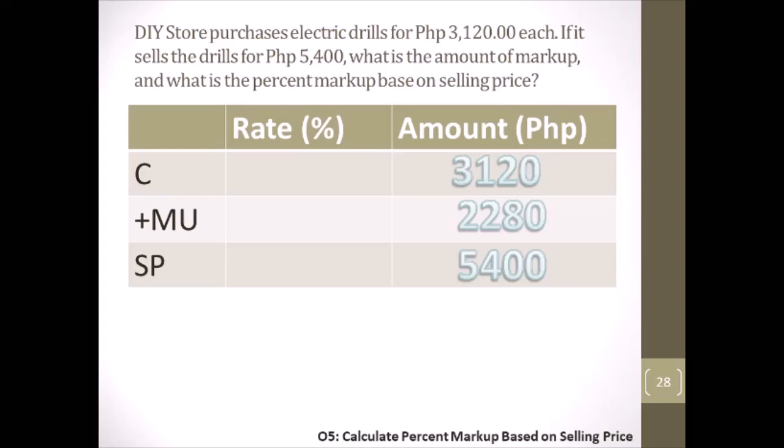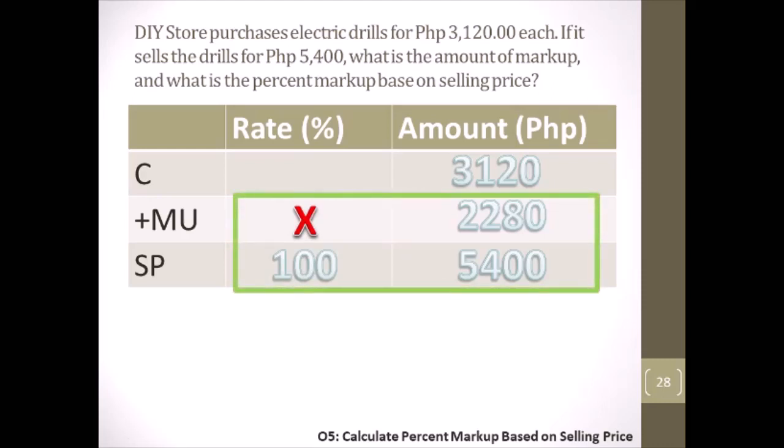The percent markup is based on selling price. What is the percent markup based on selling price? So X is the percent markup, 100% for the rate on the selling price. Again, let's have the rectangle.